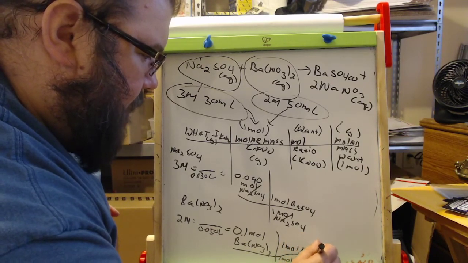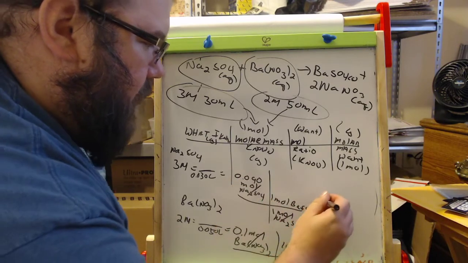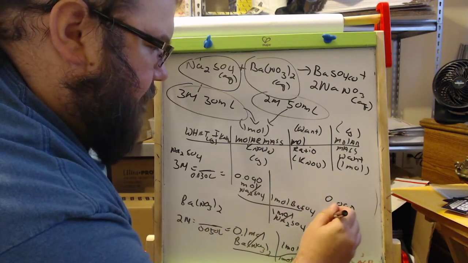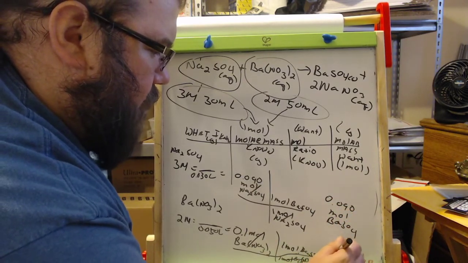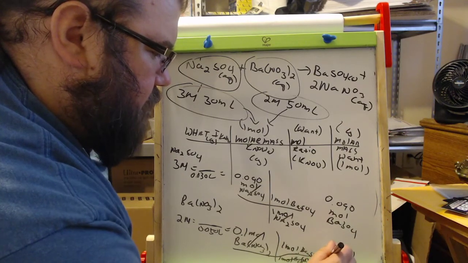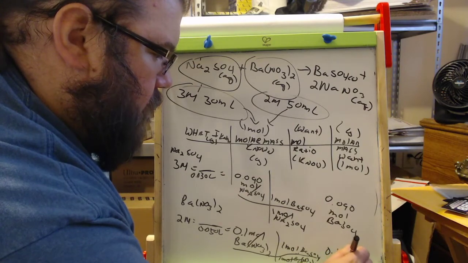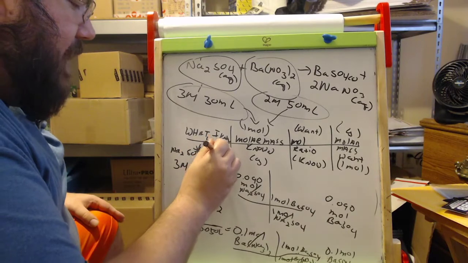They cancel out. So I'd have 0.090 moles of barium sulfate, because it just so happens it's a 1 to 1. Down here I'd have 0.1 moles of barium sulfate. So this is my limiting reagent.